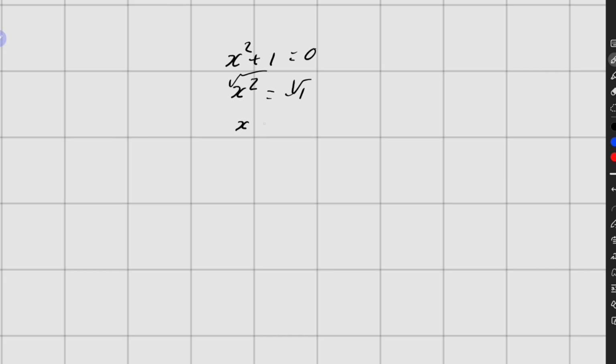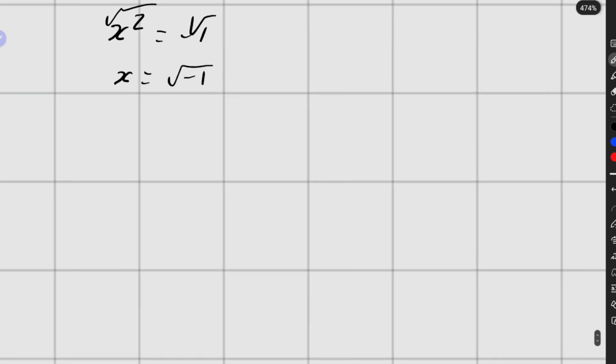So you're left with x equals the square root of negative 1. Now, we all know that you cannot take the square root of a negative number. Well, that is not unless you use i, an imaginary number. So this is where the imaginary number came from, and it has its uses in many places of engineering, from electrical engineering to quantum mechanics.